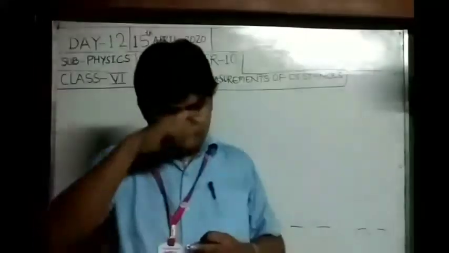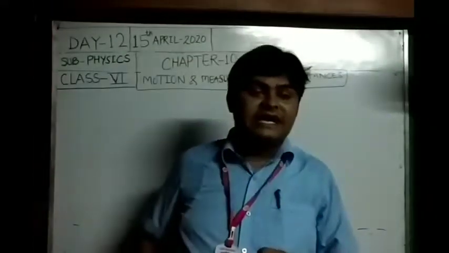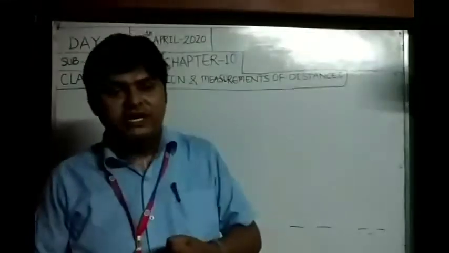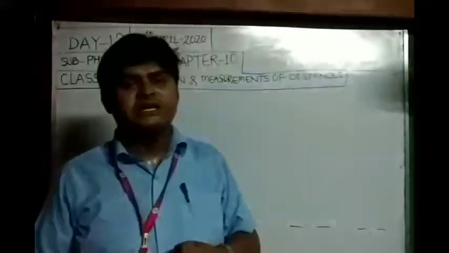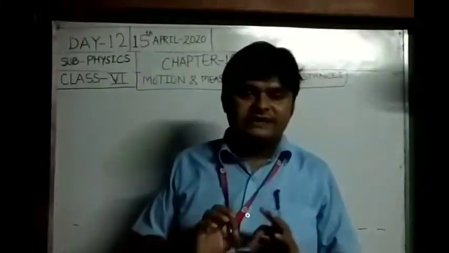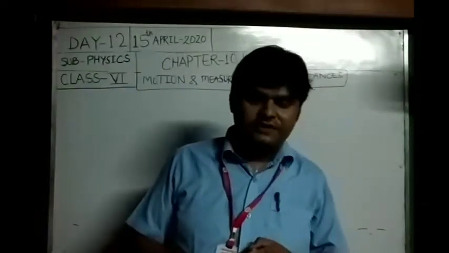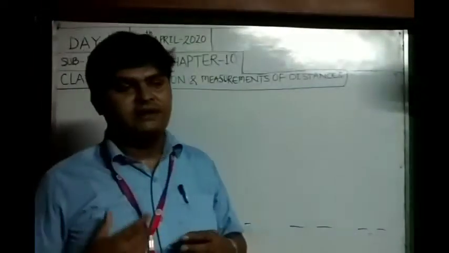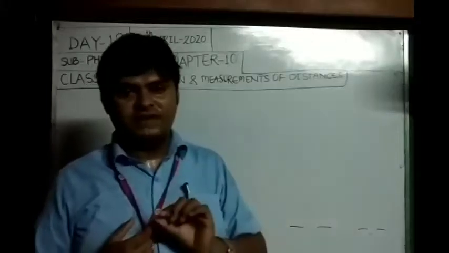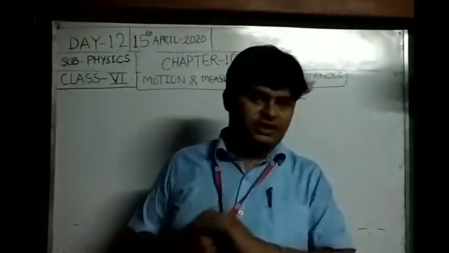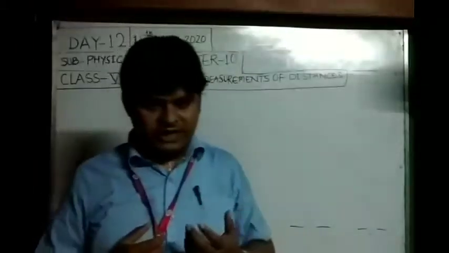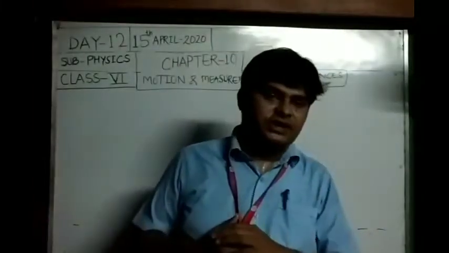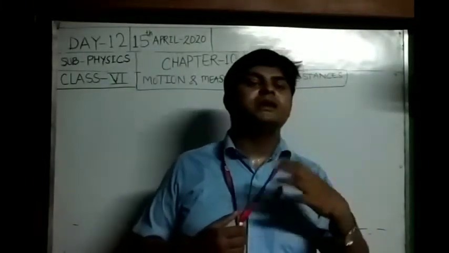Now next is SI unit, measurement. Measurement consists of two things. First one is numerical value and second is units. As for example, we say 5 meter. That means 5 is the numerical value and meter is the unit. Next topic is SI unit, a standard unit.